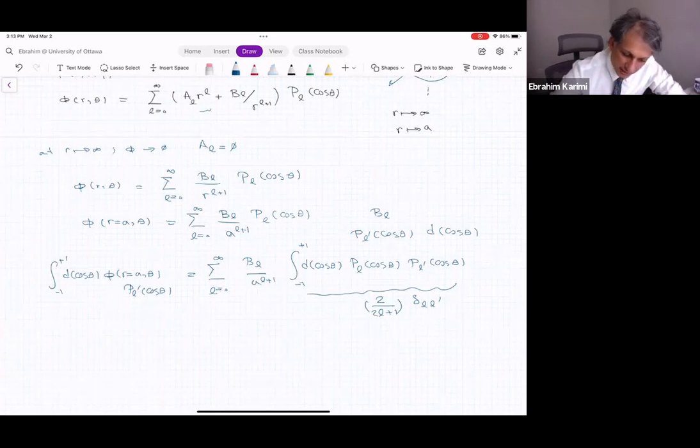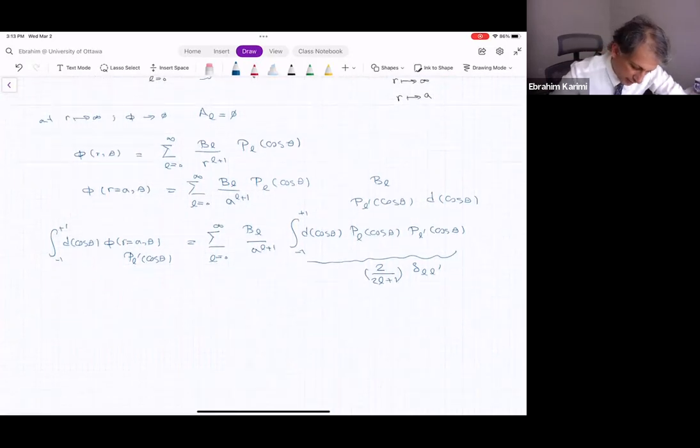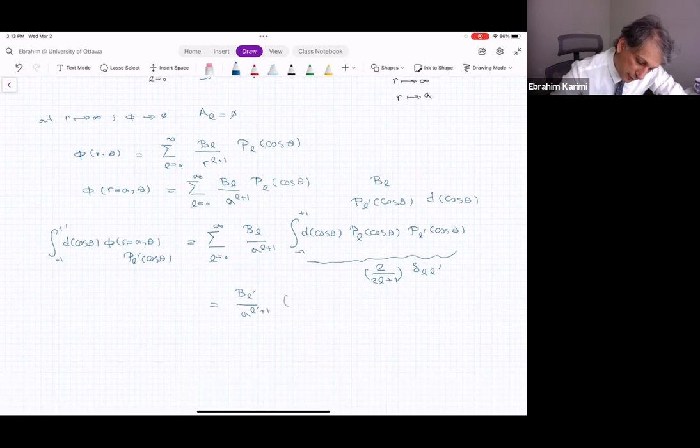So we get a Kronecker delta, and the Kronecker delta will be 0 everywhere when L is not equal to L prime, and else it will be equal to 1. Therefore we will get BL prime divided by A to the power of L prime plus 1, and then we will get 2 divided by 2L prime plus 1.